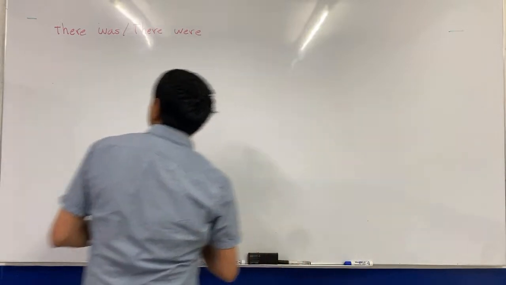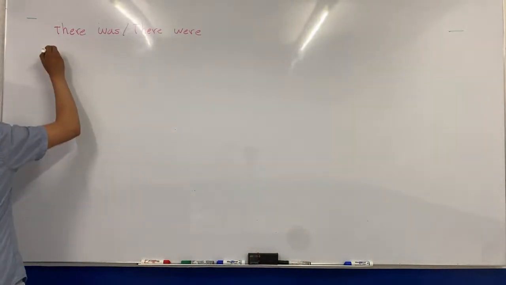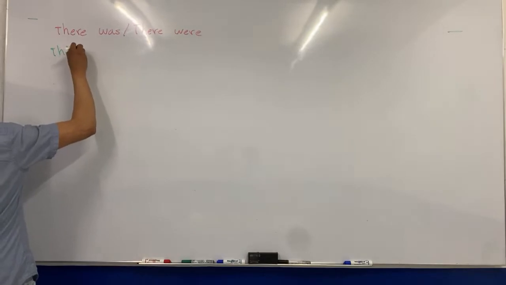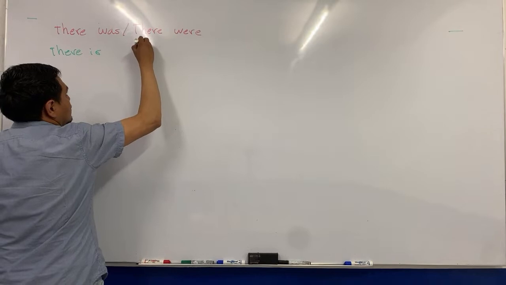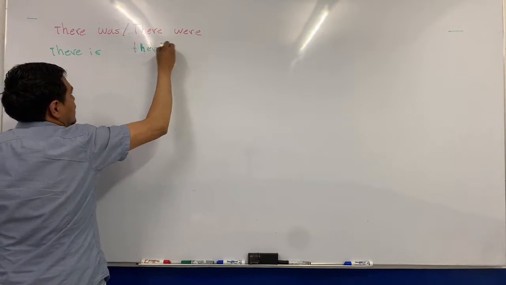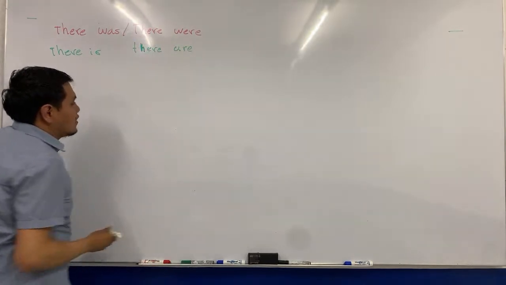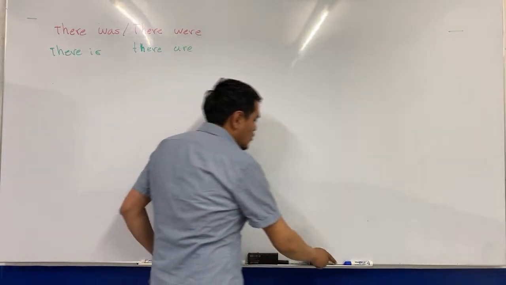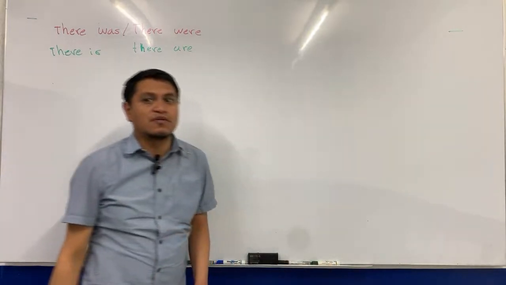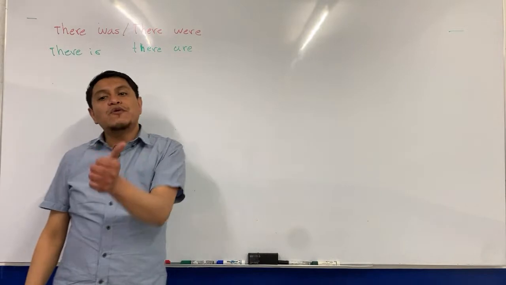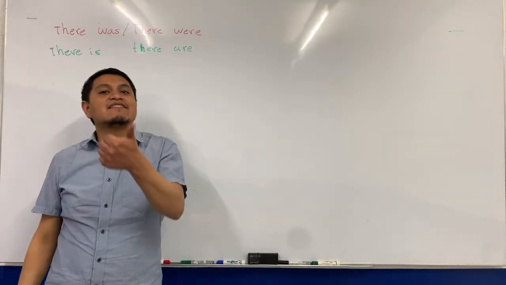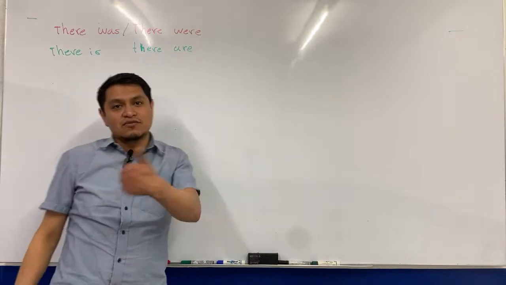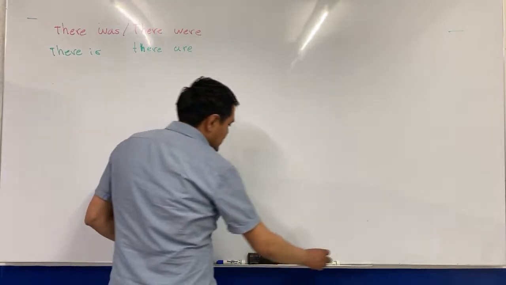There is and there are. To remember, there is. Also, there are. When we use these words, remember, we use there is and there are to express that something exists. Repeat, that something exists.